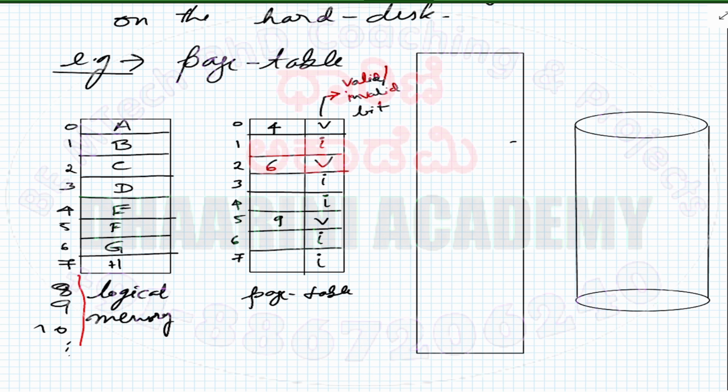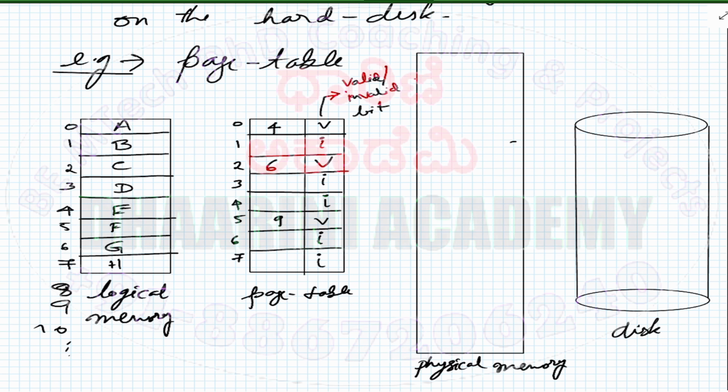Let's look at the physical memory. Physical memory will contain some of the other parts which have not been shown here. So this is the physical memory, and the last part is the disk.